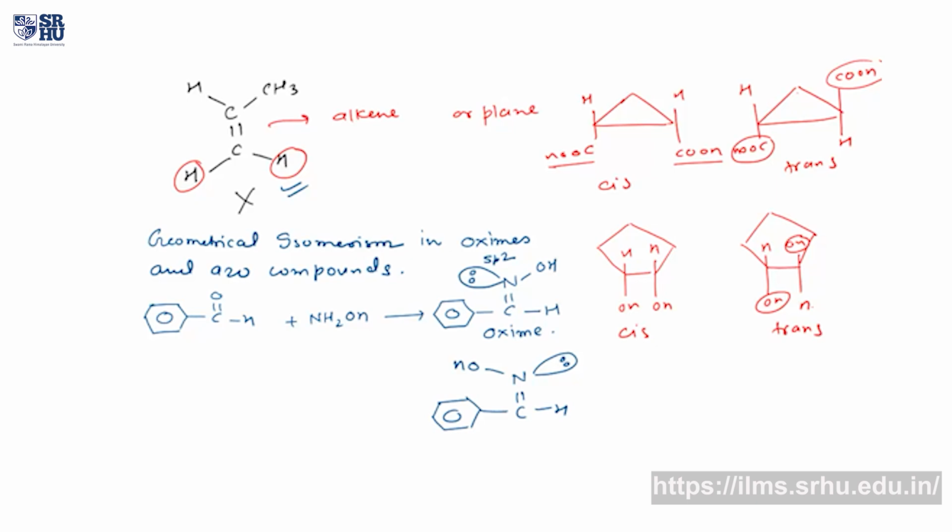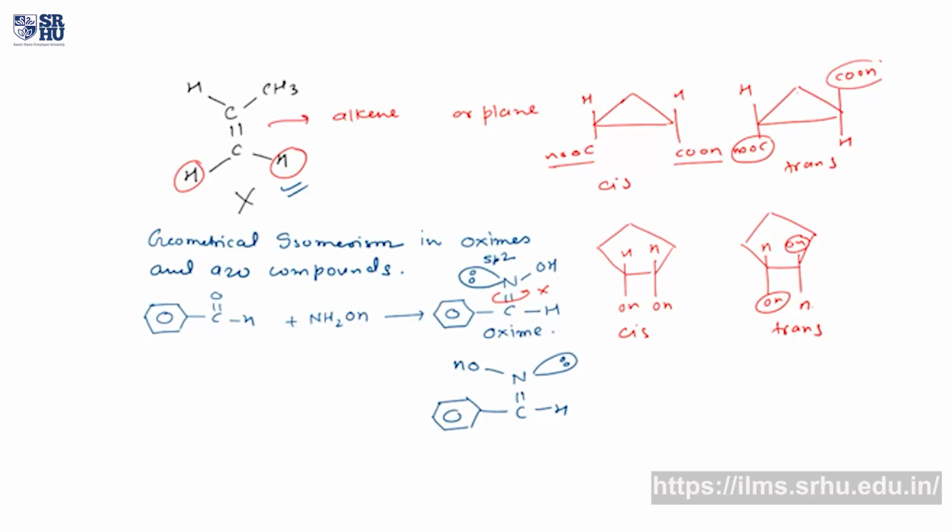First of all, why is this molecule showing geometrical isomerism? The answer is simple and straightforward as previously: because there is restricted rotation around the double bond. Rotation is not possible, hence it is showing geometrical isomerism.